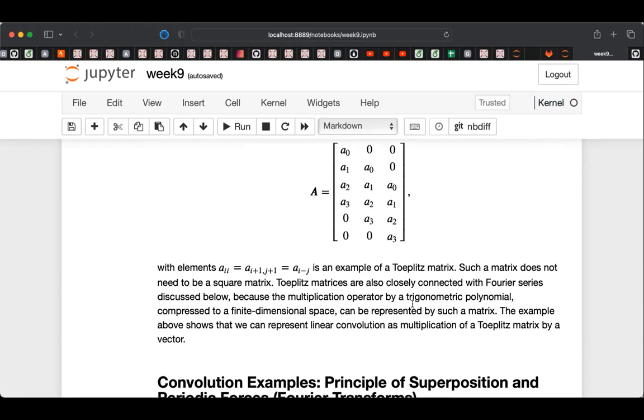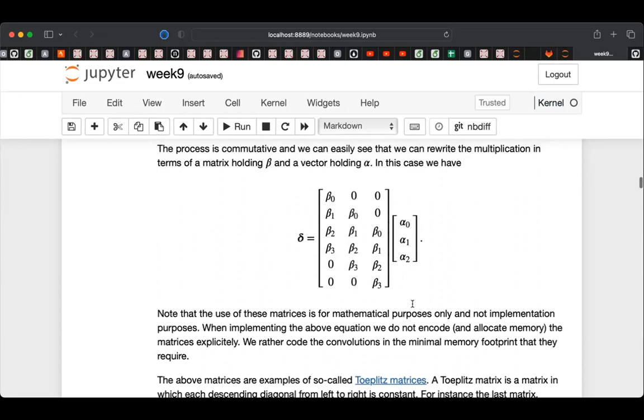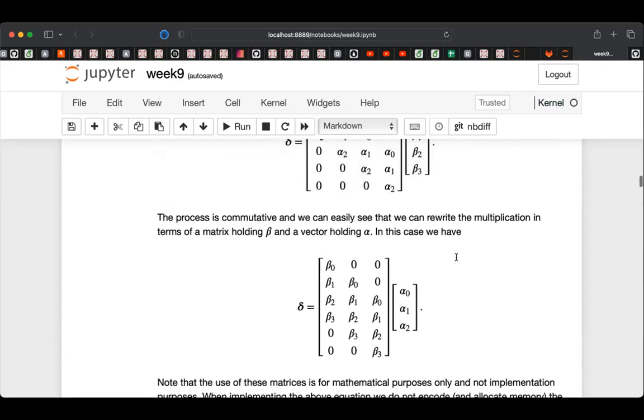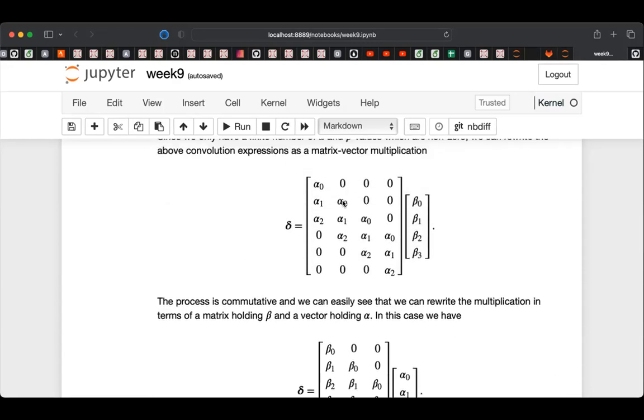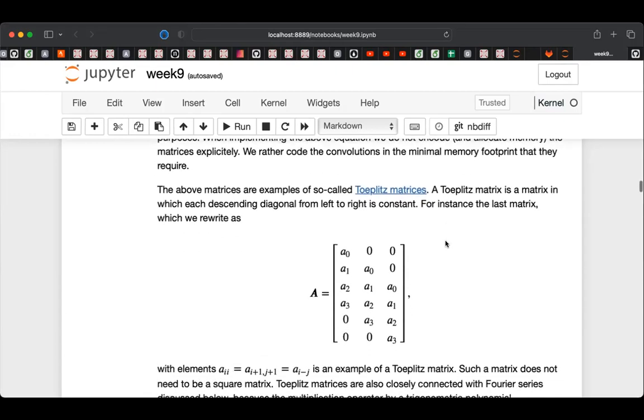So Toeplitz matrices appear quite often in discussions of convolution. And you see here the example which we looked at, where we could either code it like this, a matrix vector multiplication which involves fewer floating point operations, and similarly this other matrix, which will involve a little bit more floating point operations.